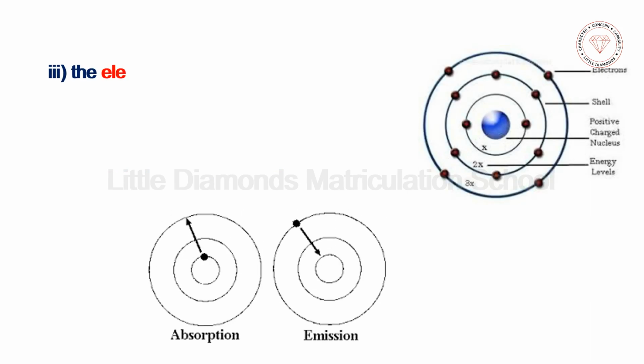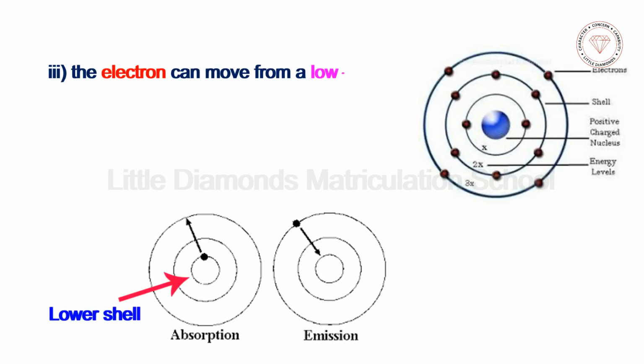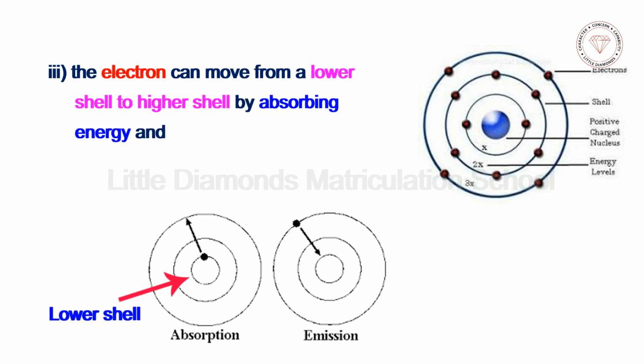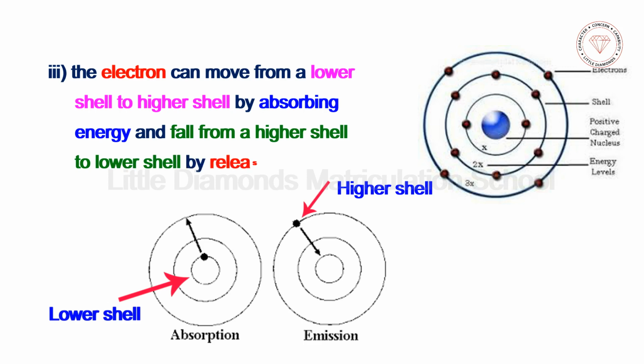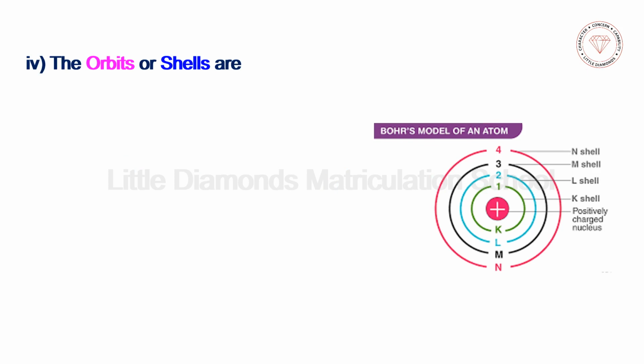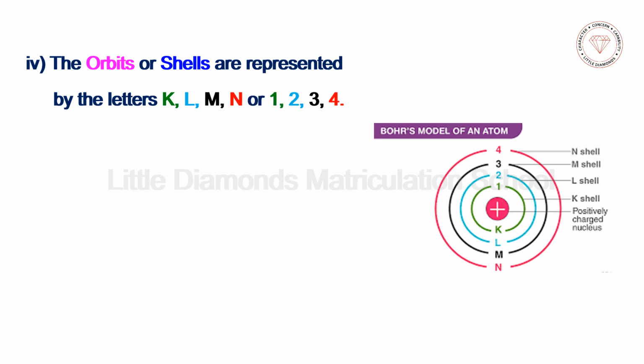The electron can move from a lower shell to a higher shell by absorbing energy and fall from a higher shell to a lower shell by releasing energy. The orbits or shells are represented by the letters K, L, M, N or 1, 2, 3, 4.